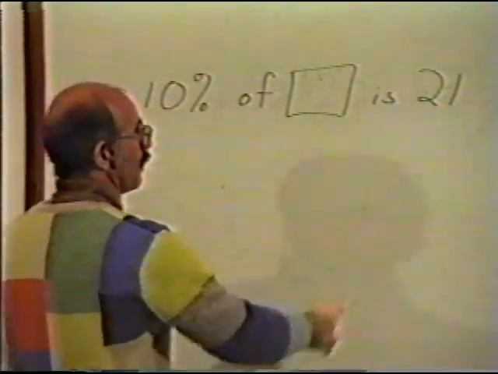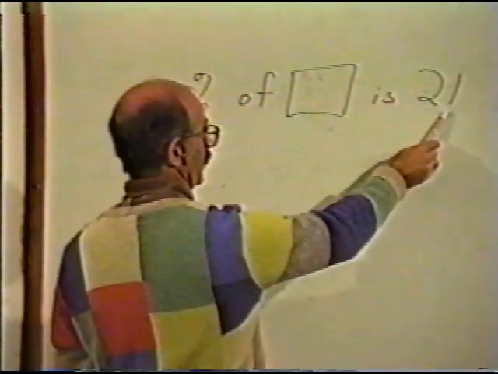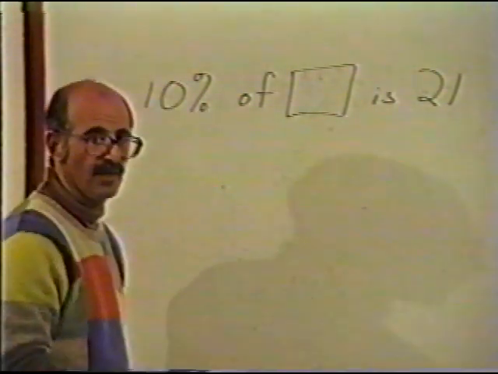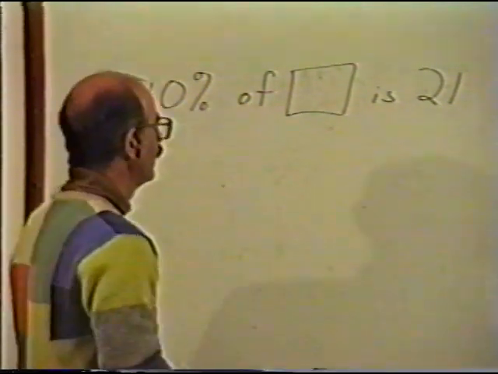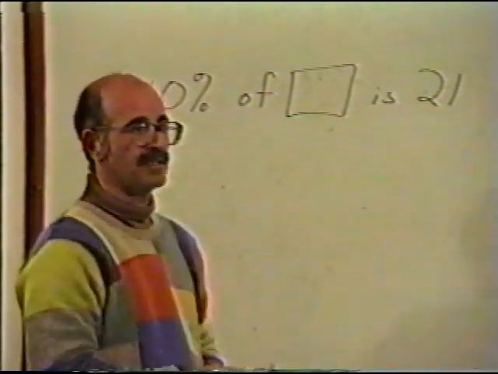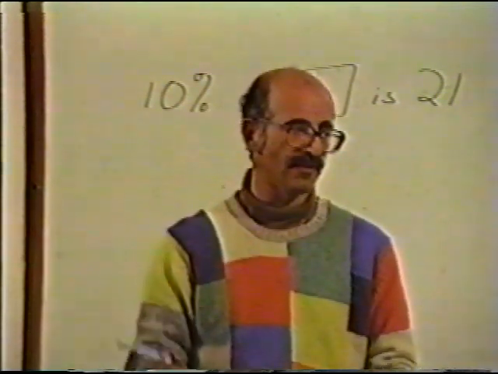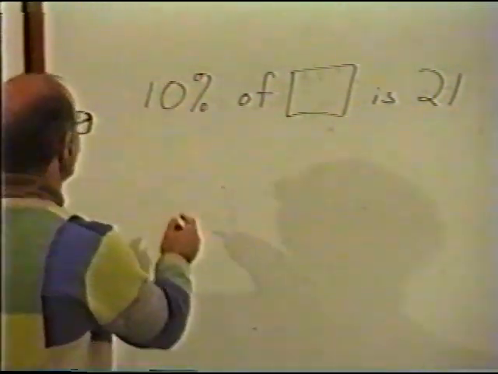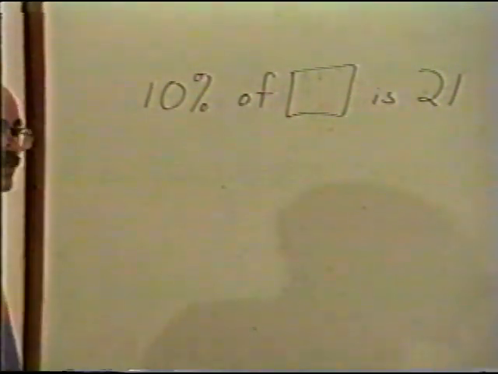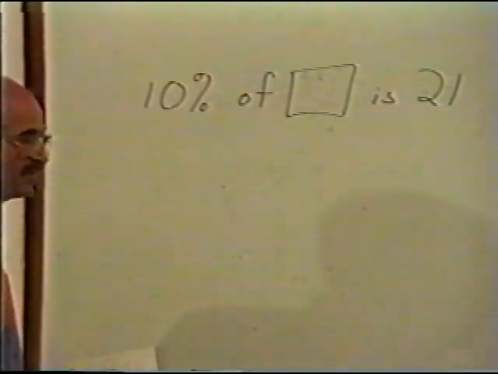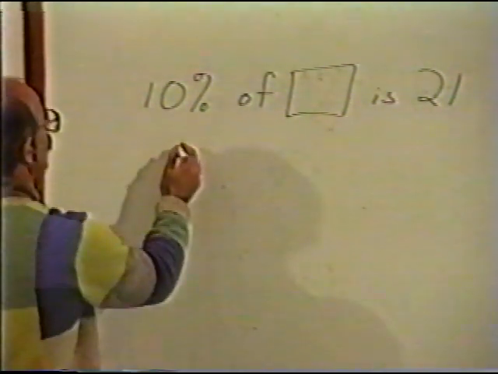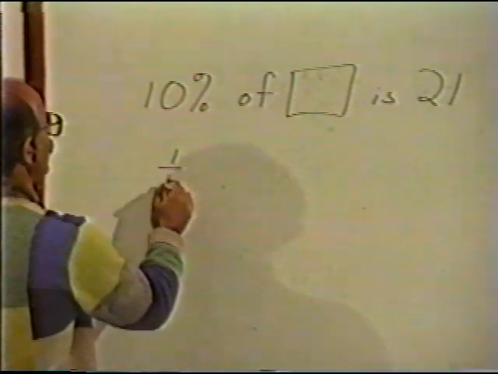Do we know the part of the whole? Yes. But we don't know the whole thing. Therefore, this is type number 3. 10%. What is 10% as a fraction in lowest terms? 1/10.